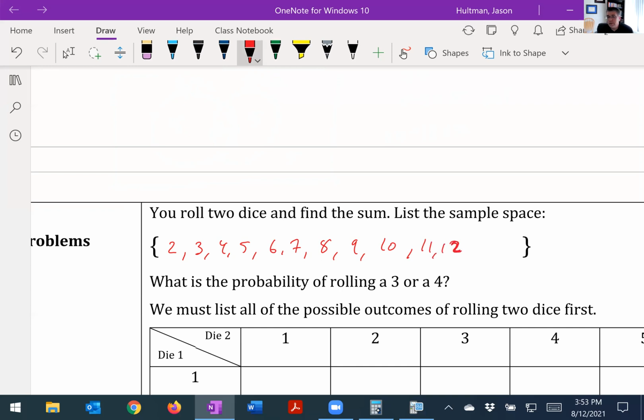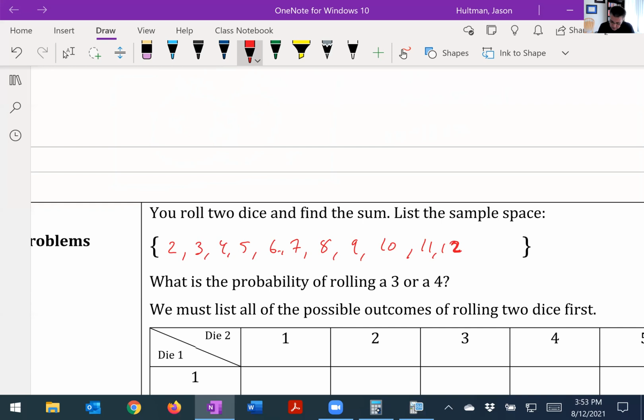However, it's really not, because it depends on which one you roll first and which one you roll second. So this says that I would have 11 outcomes, but those are just the sums.